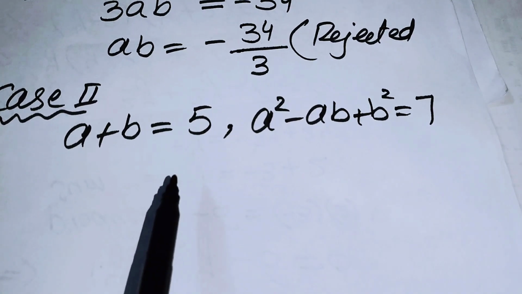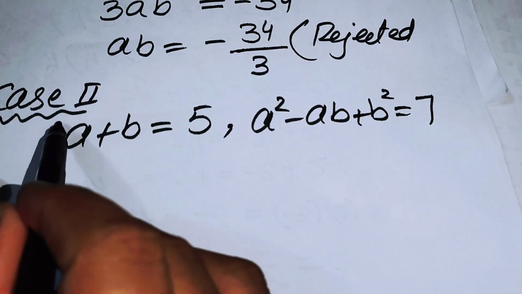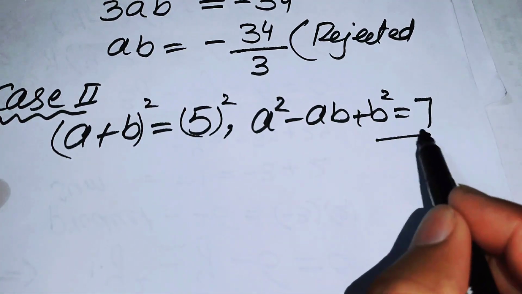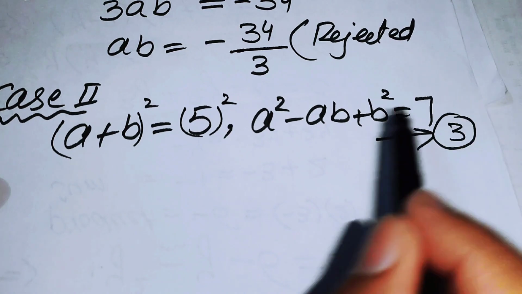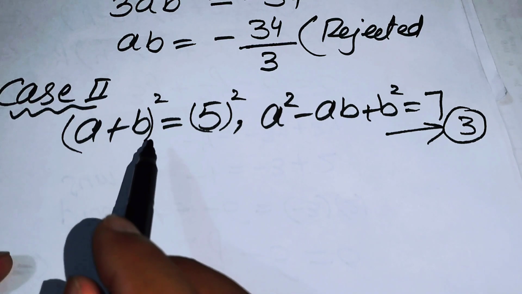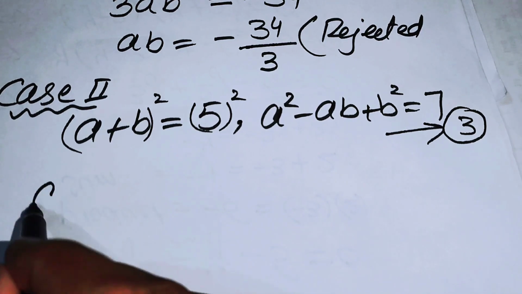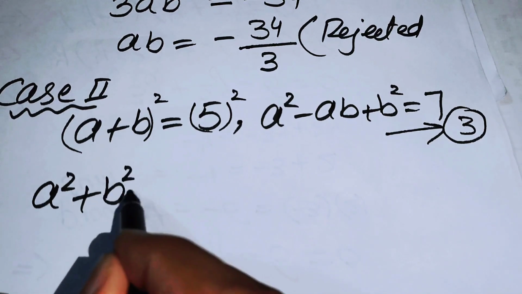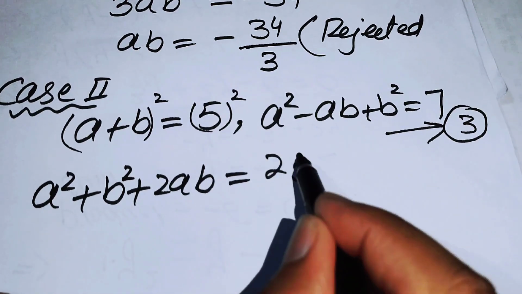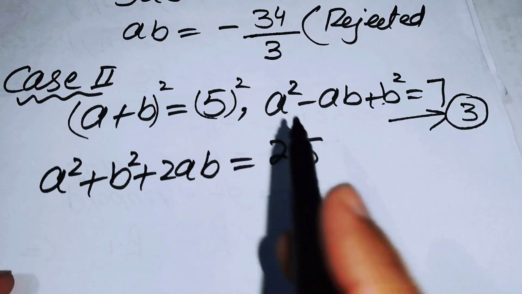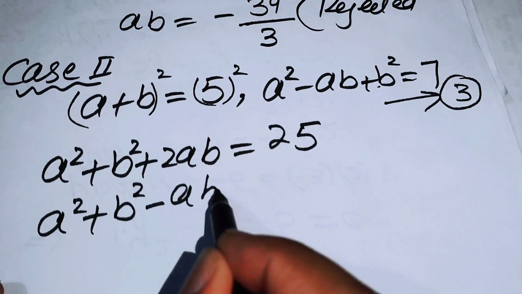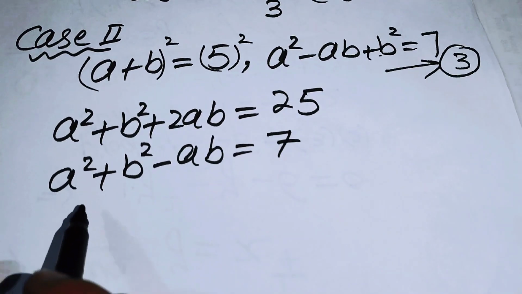Now we solve case number 2. Here you again take the square on both sides of this term, and we take this as equation number 3. Now we open the square of this term, so we get a square plus b square plus 2 times ab is equal to the square of 5, which is 25. Now we subtract this term, a square plus b square minus ab is equal to 7.